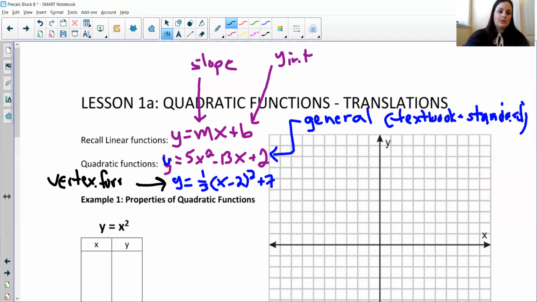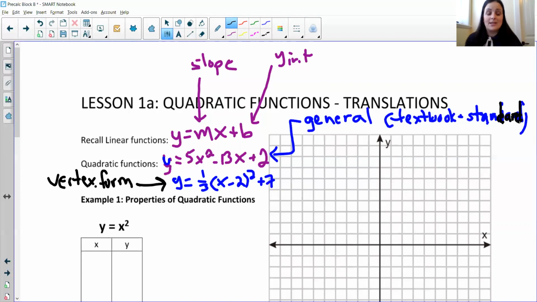Now, when I went through school and university, we called vertex form standard form, and Mr. Lautet calls vertex form standard form, and a lot of other people call vertex form standard form. So even though the textbook calls general form standard form, I disagree with the textbook on that name, and so I'm just going to try to stay away from the word standard form to begin with, because there seems to be a little bit of contention which one of these forms, general or vertex, is standard form.